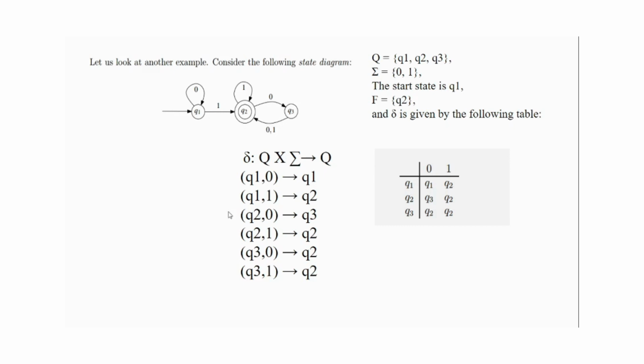Now coming to the second question, why is it called a deterministic finite automaton? What is determinism here? Why is it deterministic? Now look at this transition function. So the meaning of this transition function is, this is the function which is making it deterministic.